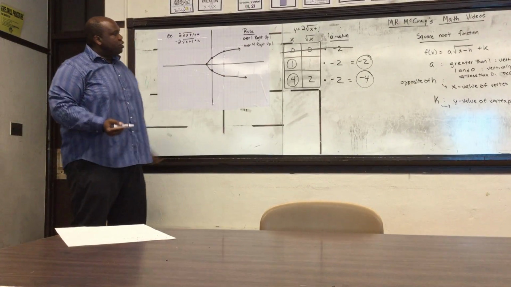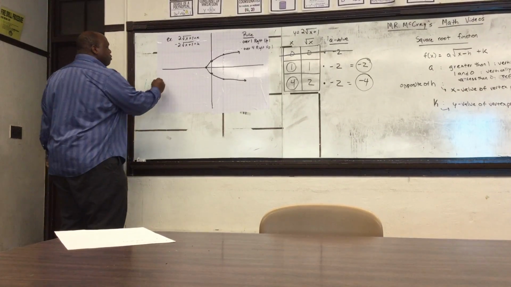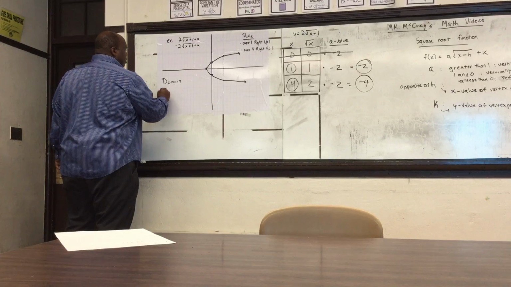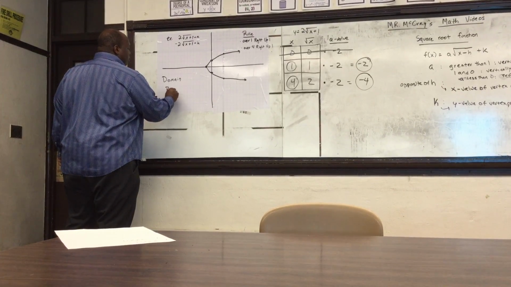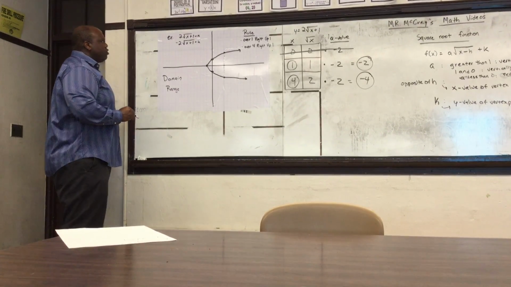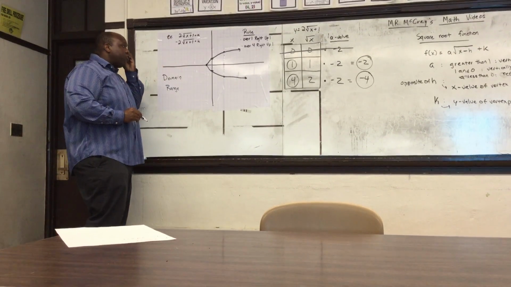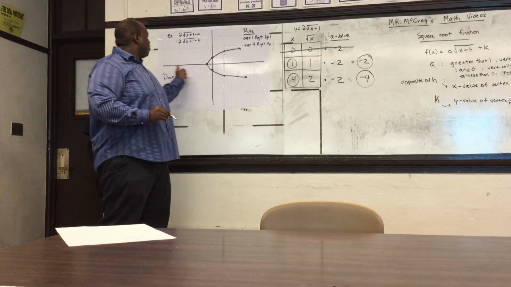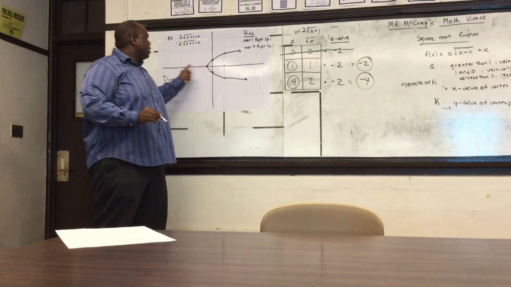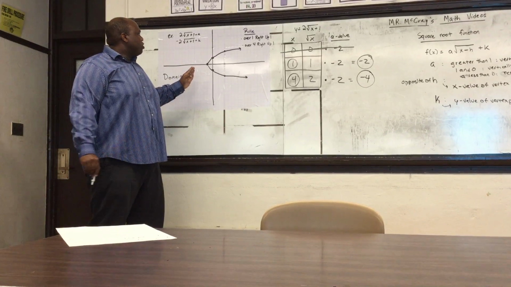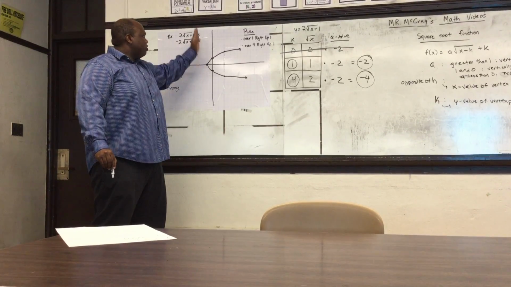Now, another question is, what is the domain and range? Okay, so let me do the domain and range for the first one, right here. Okay, domain is all the x values. Every x value that will be on this line. Basically what it's saying is, where does this end, where does it stop?